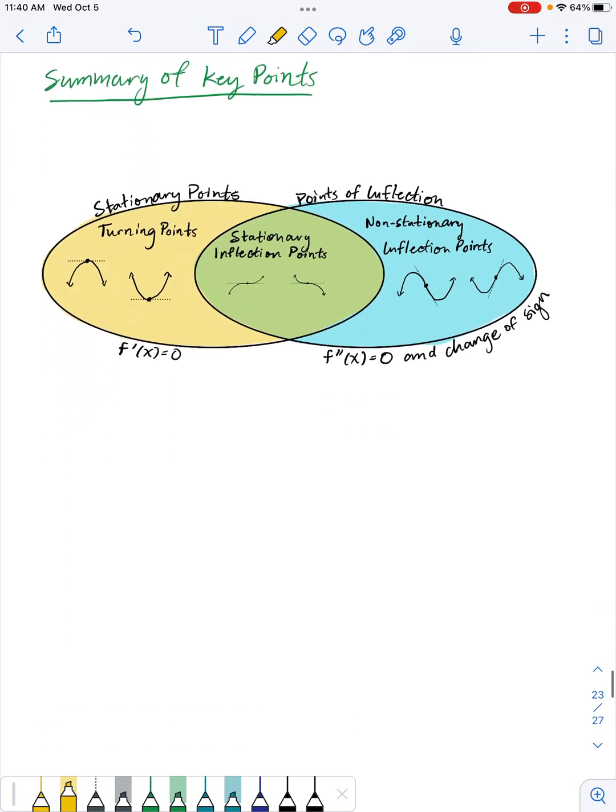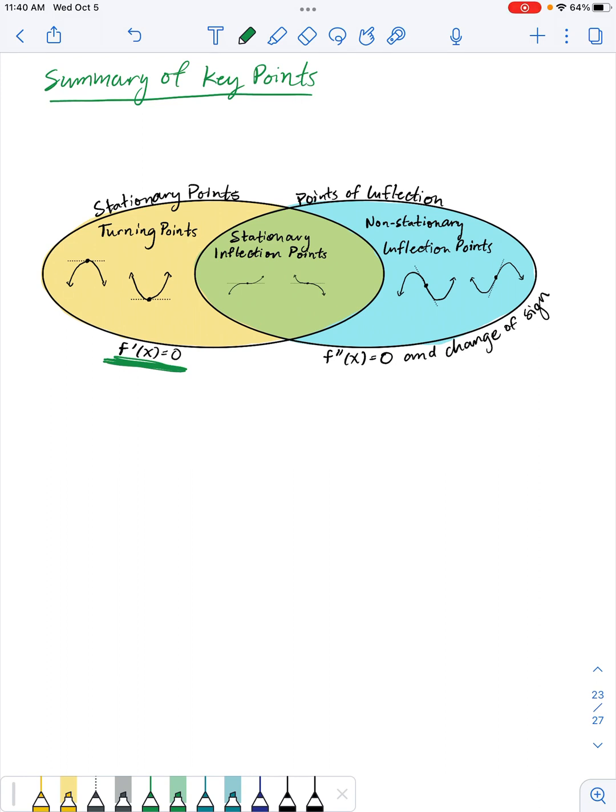So this table, which you can also find in your book, is a Venn diagram sort of comparing and contrasting stationary points and points of inflection. The yellow bubble, including the overlapping part, are stationary points. These are points that have a horizontal tangent line, so f prime of x is equal to 0. The gradient of the tangent is 0.